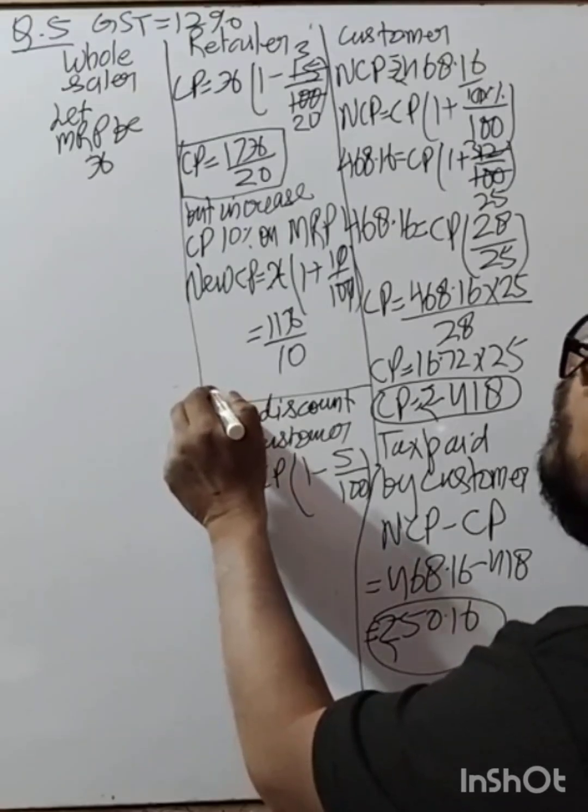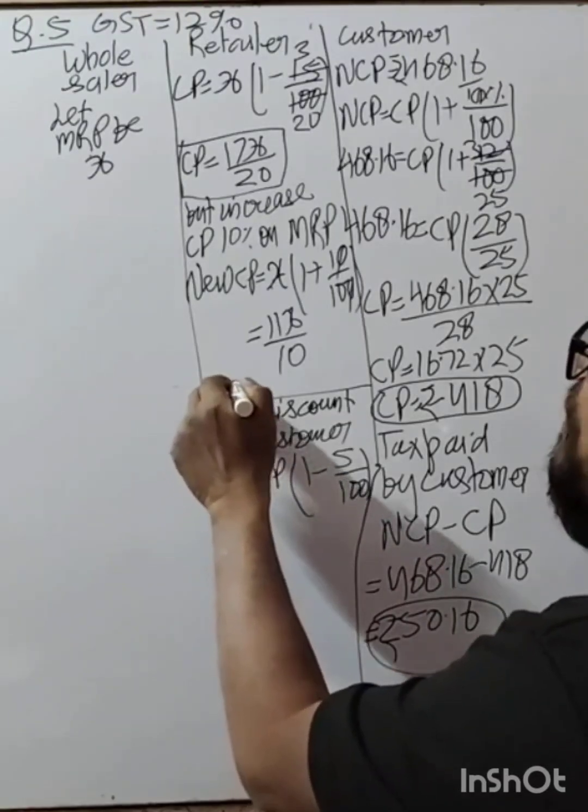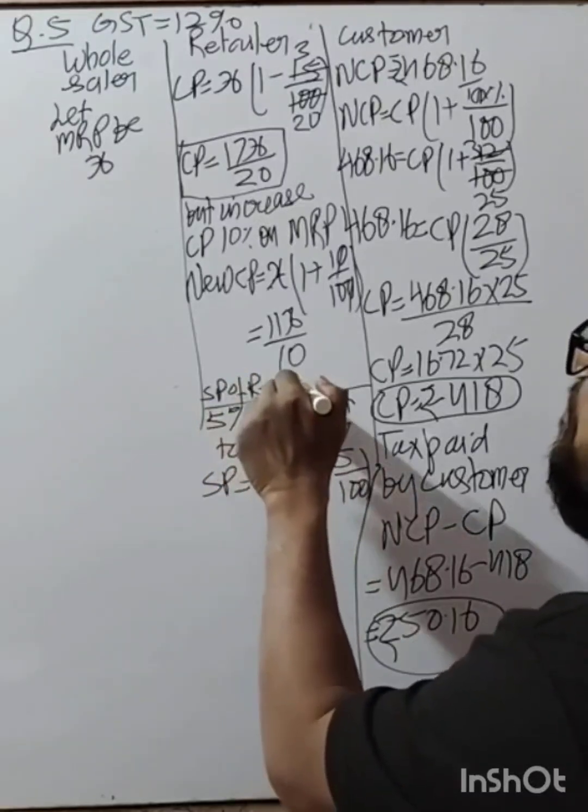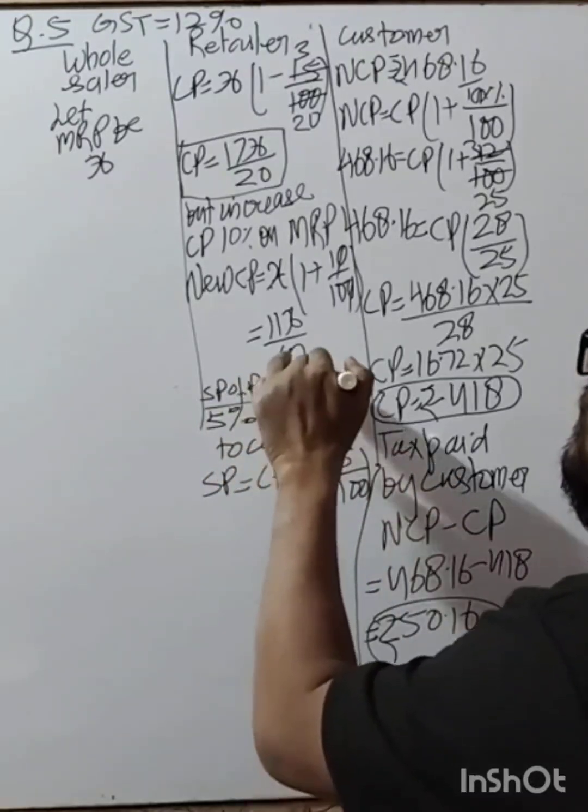So the SP of the retailer is equal to the CP of the customer.